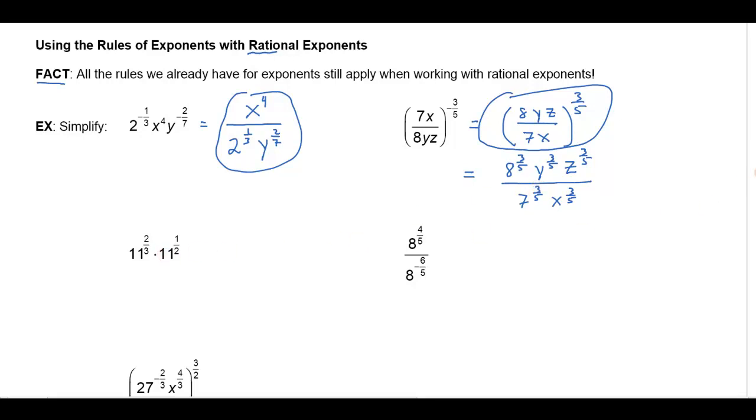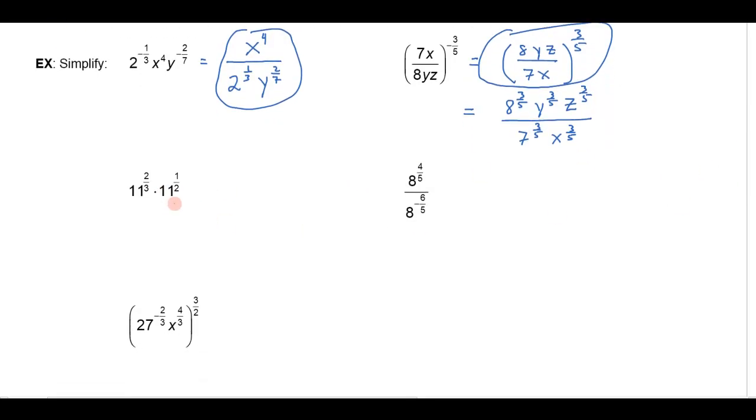Alright, how about if I have 11 to the 2/3 times 11 to the 1/2? Well, if I had 11 squared times 11 cubed, you'd know that that was 11 times 11, and then 3 more 11s, right? So that would be 11 to the 2 plus 3. Well, if I add the exponents here, I'm going to do exactly the same thing here, even though they're fractions.